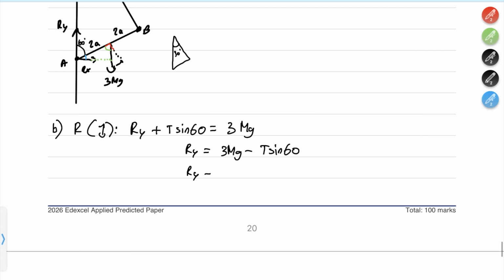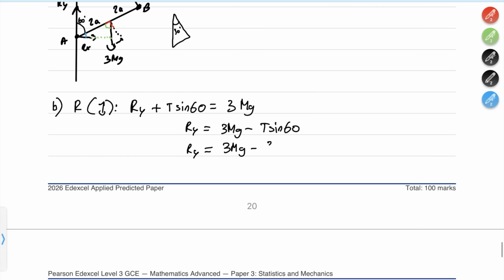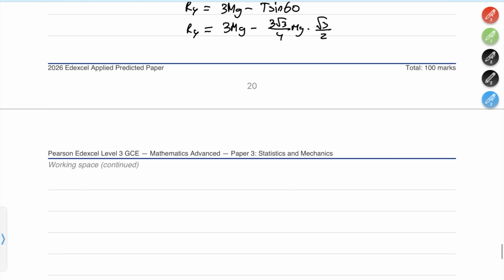So Ry equals 3mg minus T, which is 3 root 3 over 4 mg times root 3 over 2, because sine 60 is root 3 over 2. So let's do some simplification of that fraction. So 3mg minus, root 3 times root 3 is 3, so it'll be 9 over 8 mg.